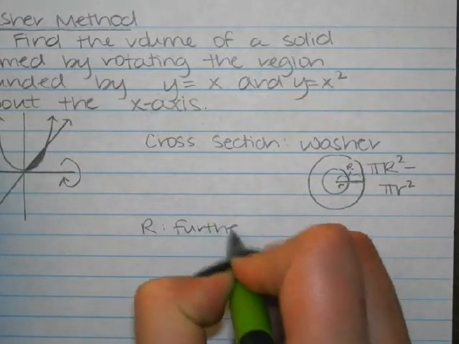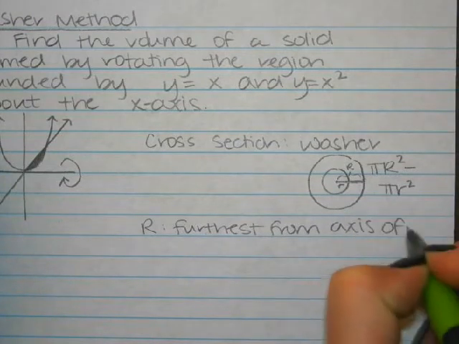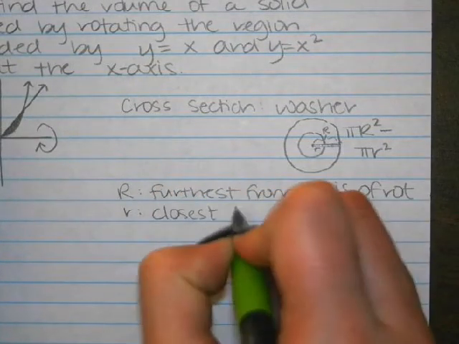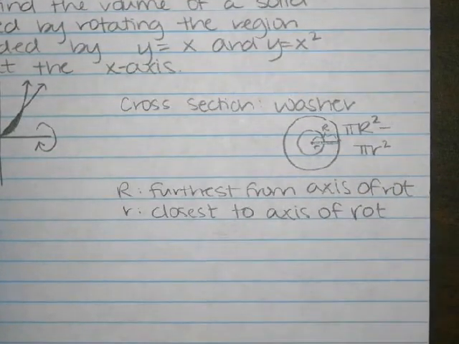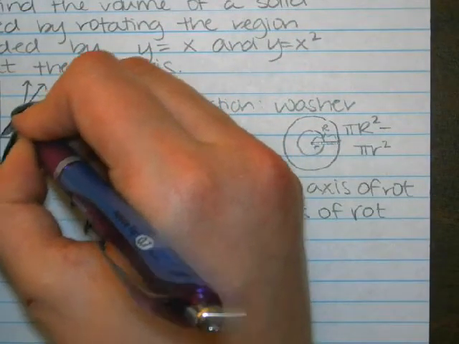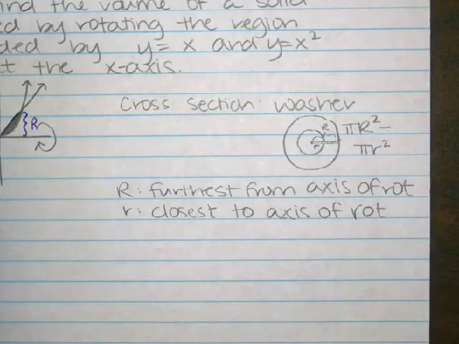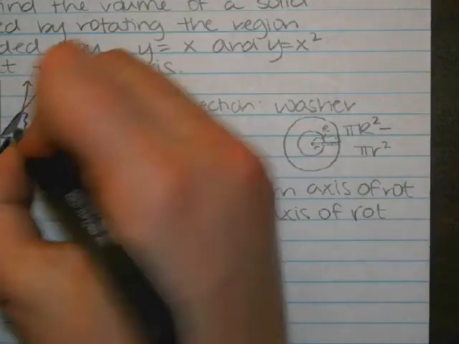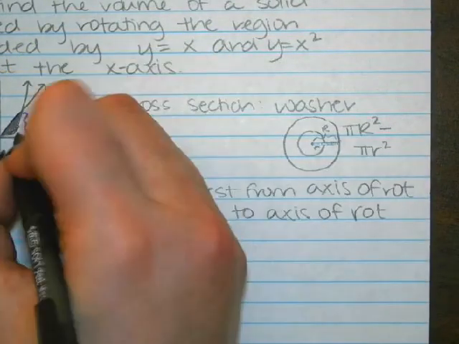So if we look at the graph, this part right here would be the big R. And then, I don't think I have another color pen. I'll use black. And then this part right here would be the little r.